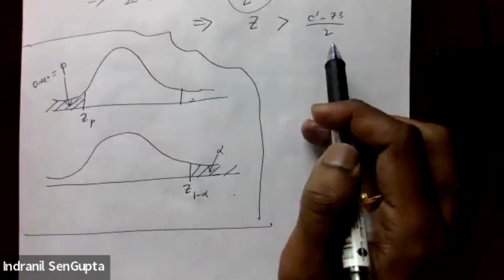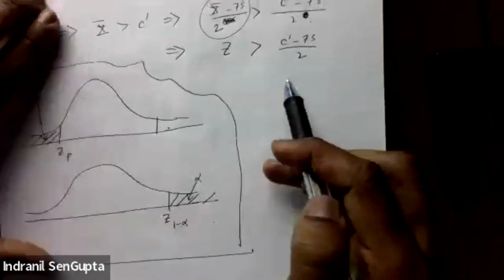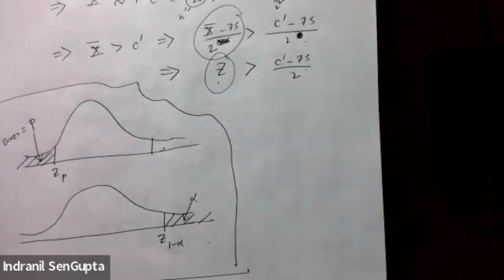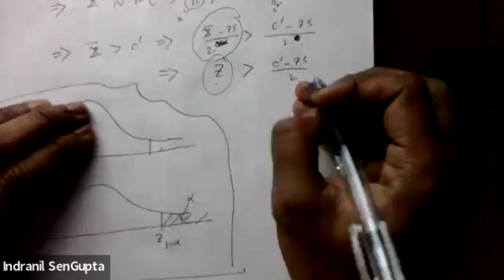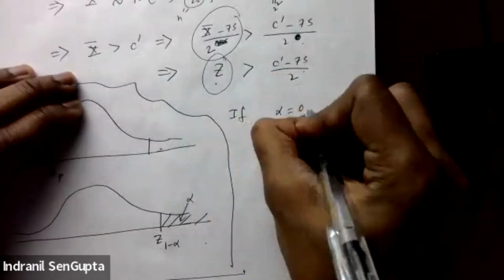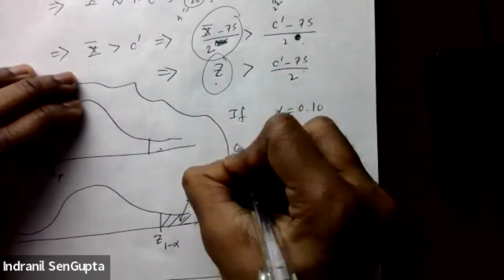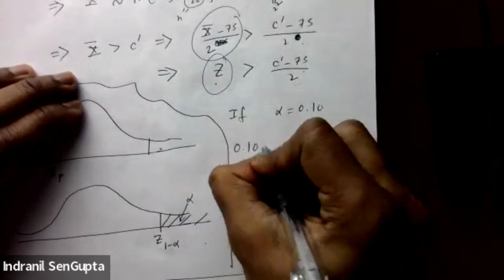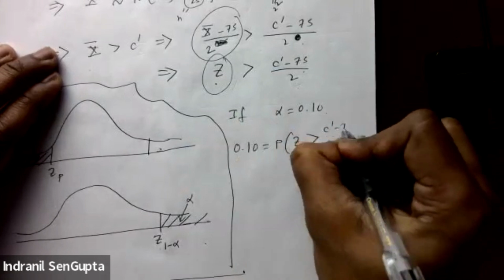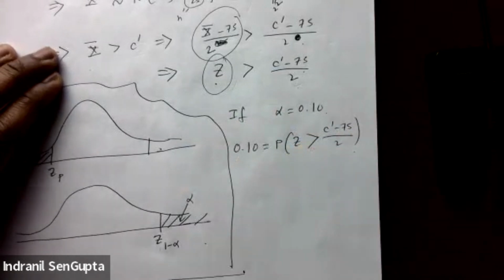Now based on this observation, we are trying to find z bigger than c prime minus 75 over 2. If we take alpha to be 0.10, then what we really want is 0.10 to be the probability of z bigger than c prime minus 75 over 2, right?